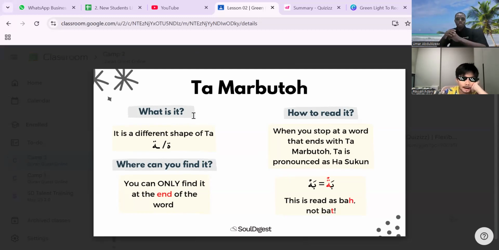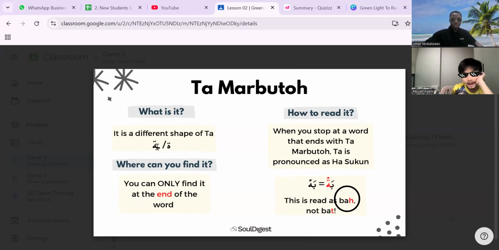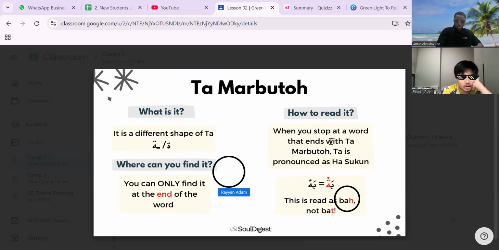I will actually send this to you on WhatsApp. You can revise, also check, or if you want to jot down, you can jot it down. You can see the difference in the shape. It can be like this and it can be like this. It means when it is joining at the back, or when it is alone here, the shape of Ta Marbuta. Hope you understand this way, right? I'm sure that you understand.